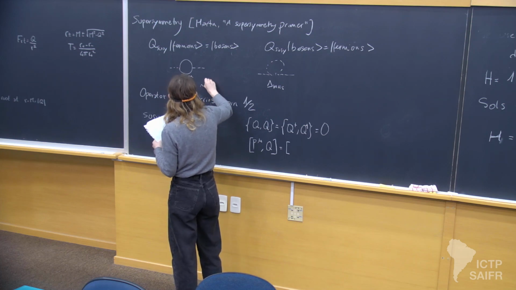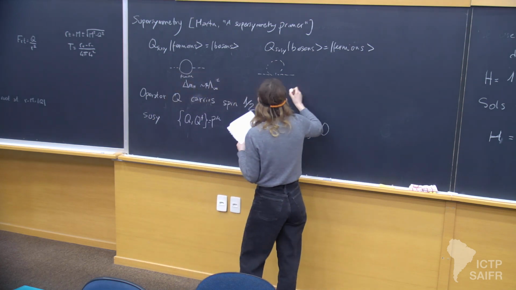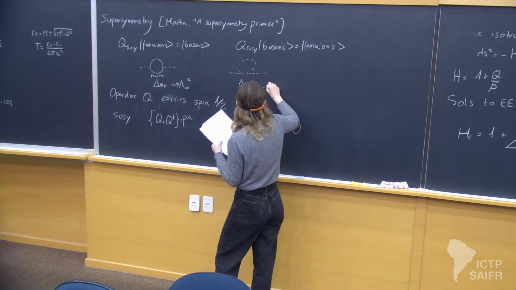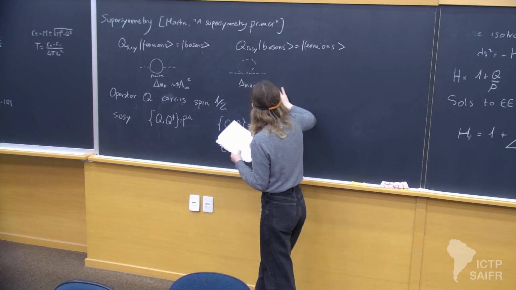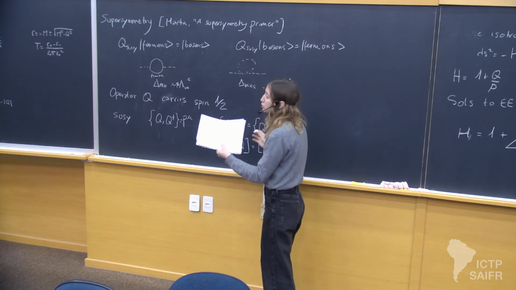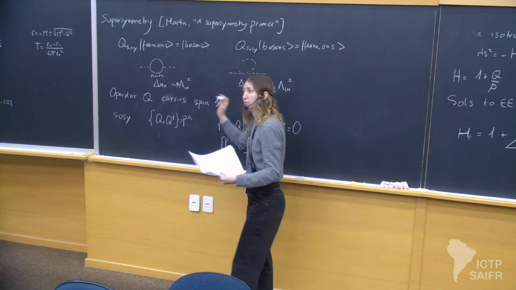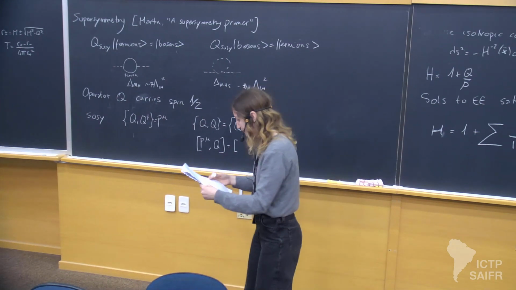This is something like a coefficient times lambda UV squared, and from the scalar another coefficient, coefficient 2, again times lambda UV squared. Supersymmetry ensures that these two coefficients cancel, so the loop corrections just collapse.